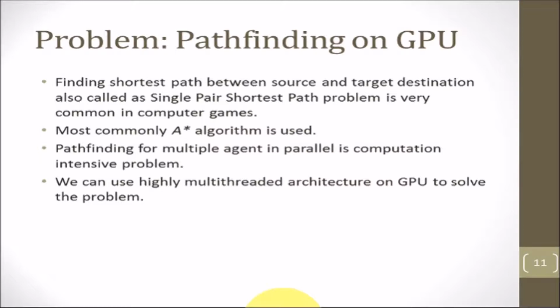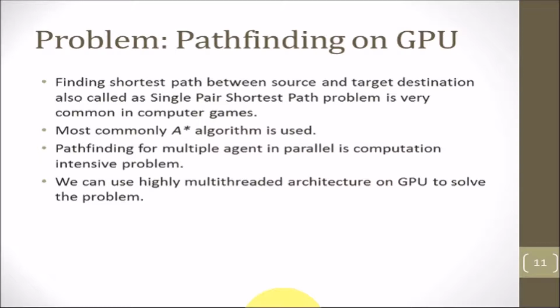Now this A-star algorithm improves the efficiency of pathfinding better than other algorithms, because it explores a lesser search space than Dijkstra and breadth-first algorithm. Now pathfinding for multiple agents in parallel is a computationally intensive problem on CPU as the number of agents increases.